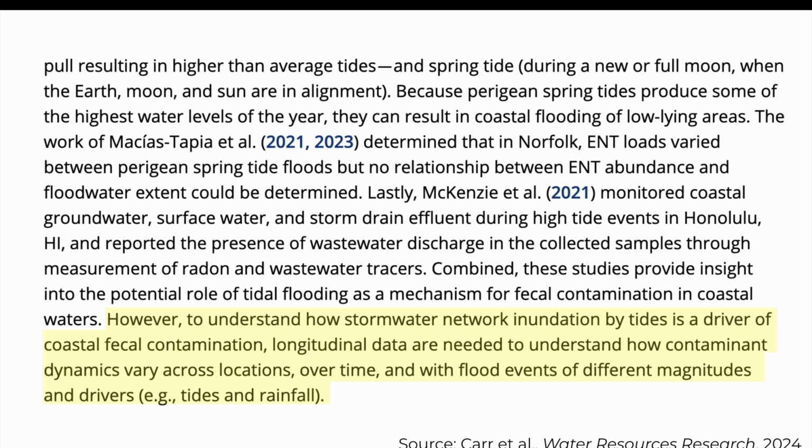"However, to understand how stormwater network inundation by tides is a driver of coastal fecal contamination, longitudinal data are needed to understand how contaminant dynamics vary across locations, over time, and with flood events of different magnitudes and drivers."